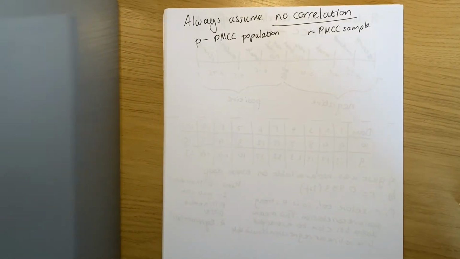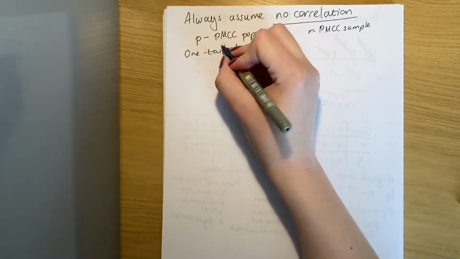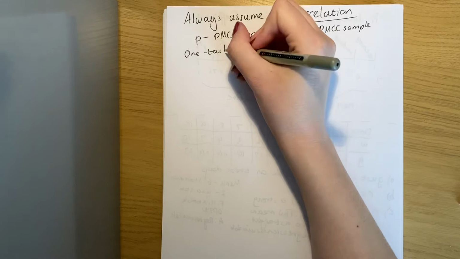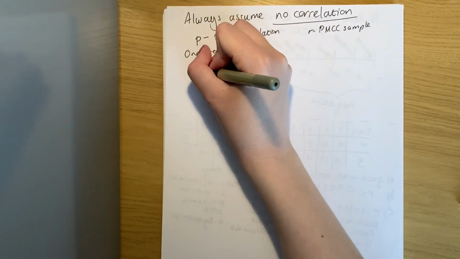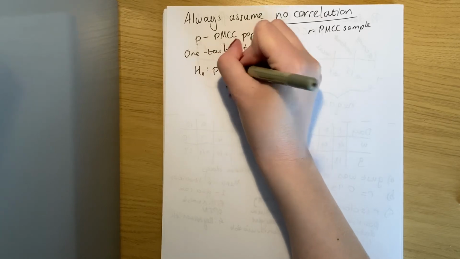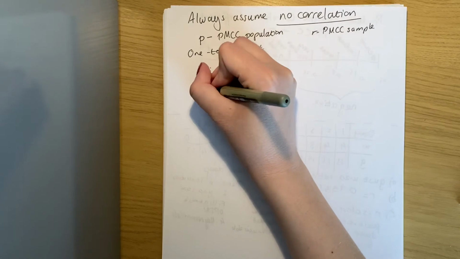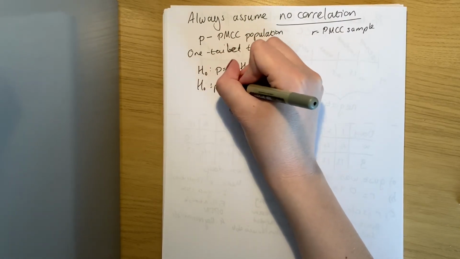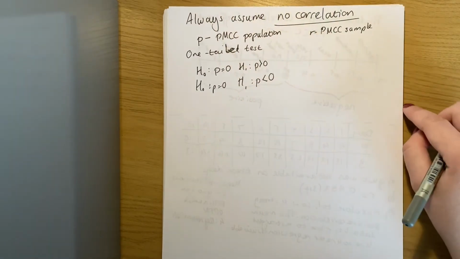So if you have a one-tailed test, oh, that L looks really dodgy, sorry. One-tailed test, then either we are testing that there is a positive correlation, or we are testing that there is a negative correlation.